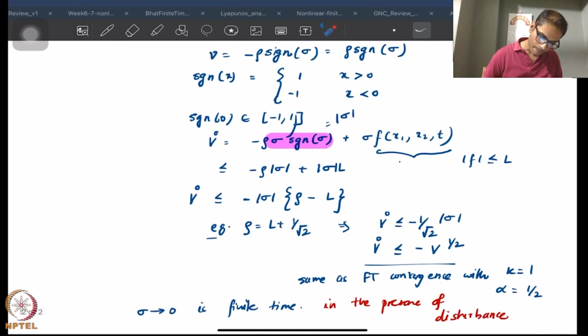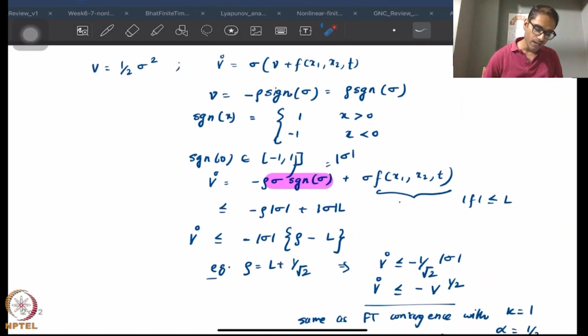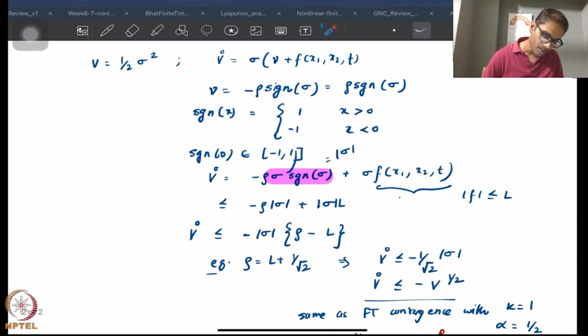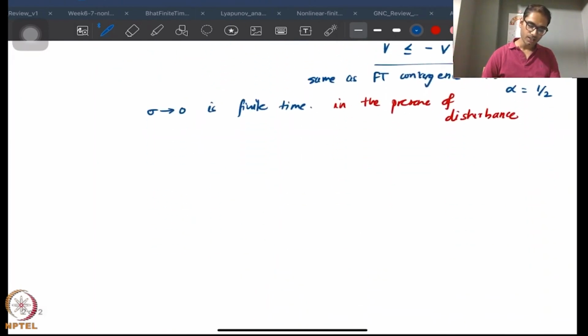We actually put in a term, that is rho has this L value, which is going to compensate for the disturbance using the bound itself. So we have a disturbance compensated convergence, and that's very interesting.